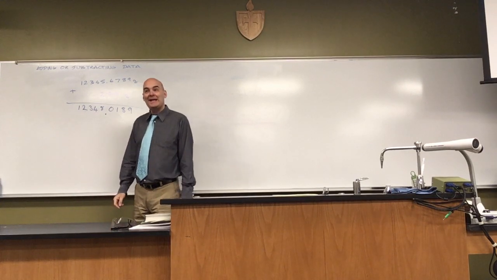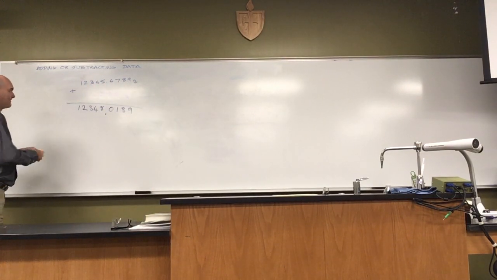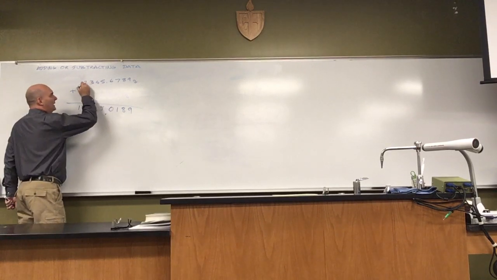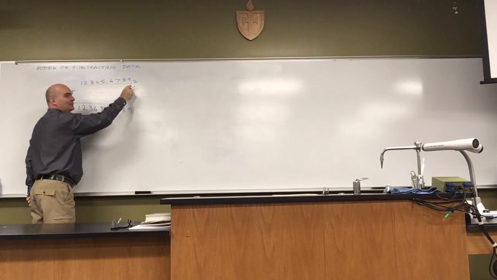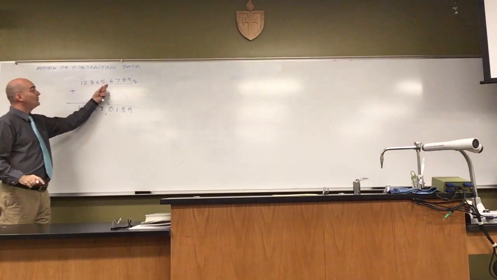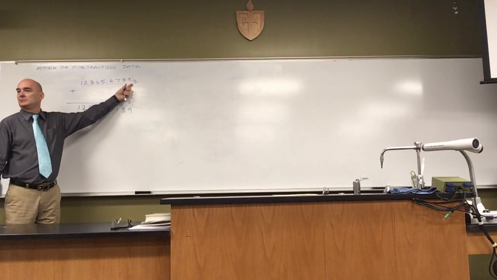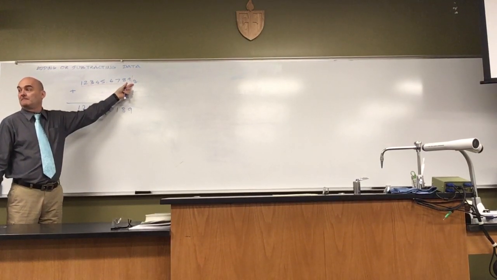When you are adding numbers together, here's why it's different. Somebody really measured all of those numbers. In order to measure all of those numbers, they had to use a really precise instrument.